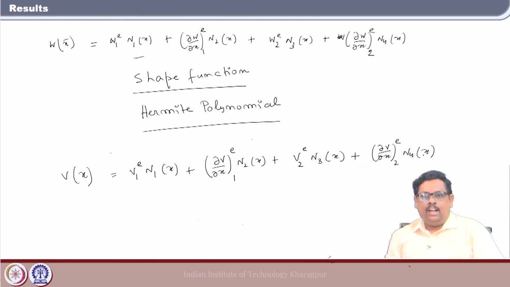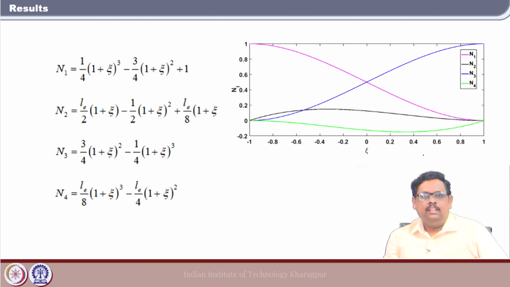So, now this is how I write the approximate solution. Now, let us see how, if you solve the whole exercise, you can get these shape functions n 1, n 2, n 3, n 4. Now, this xi is nothing but the approximate variable, which I called x bar.